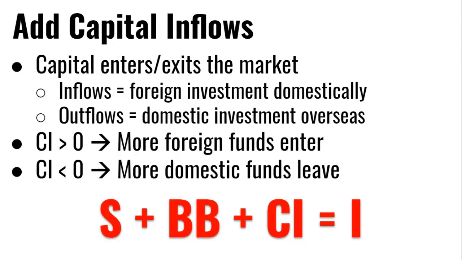If there is a capital outflow, however, it means that domestic sources of savings are sending it out to other countries for them to invest. And so this savings investment identity tells us that if capital is flowing in, there's more money available for investment. If capital is flowing out, there's less available for investment.